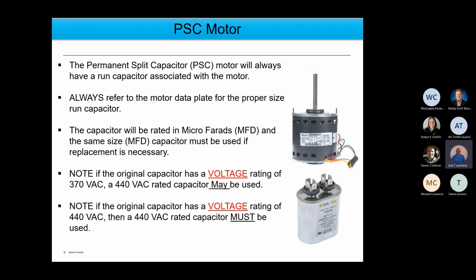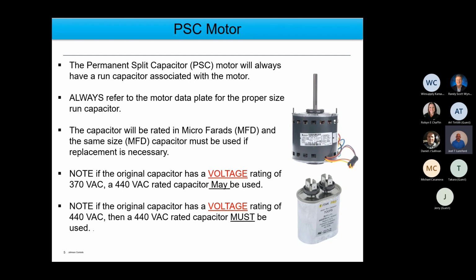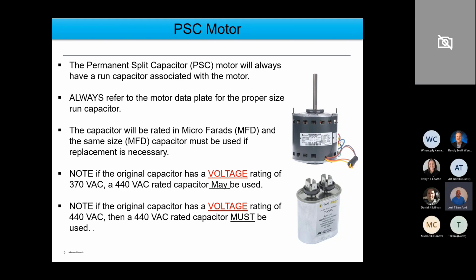So if I have a 5 microfarad run capacitor on this motor, I have to replace it with a 5 microfarad. I'm stressing this because capacitors have an additional rating called a voltage rating. At any given microfarad rating, it may have a voltage rating of, say, 370 volt or 440 volt or 560 volt.